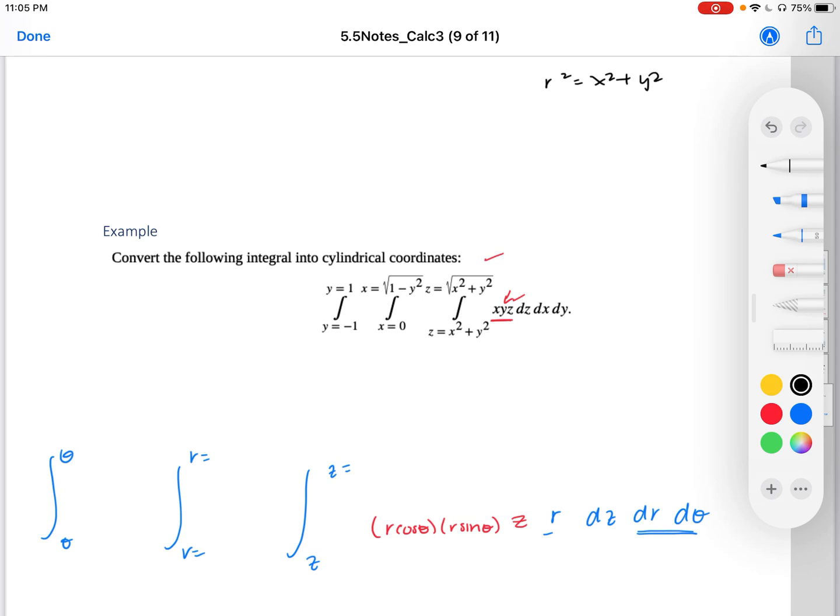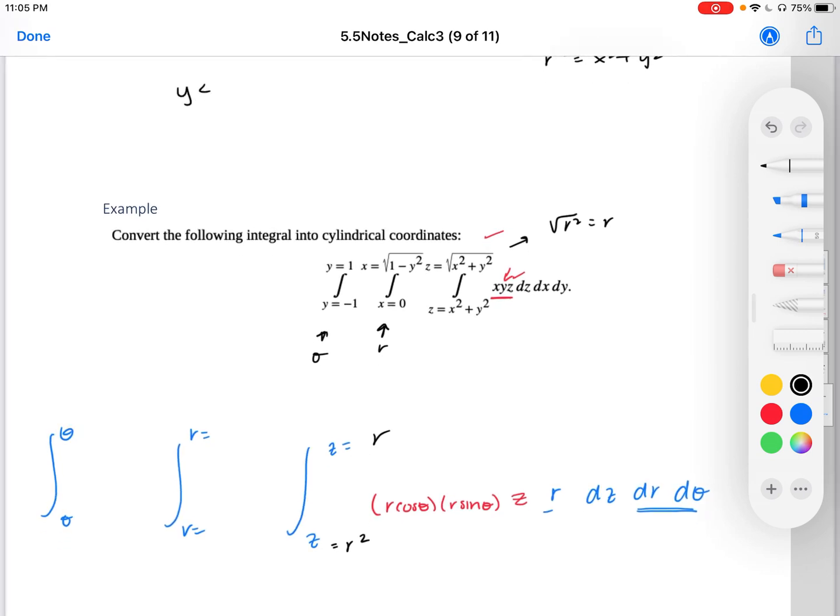So if we have a square root of r squared, that's just r. And at the bottom, we have our r squared. Let's talk more about that r and theta. This would be like our r, and this would be like our theta, or will help us come up with those values.